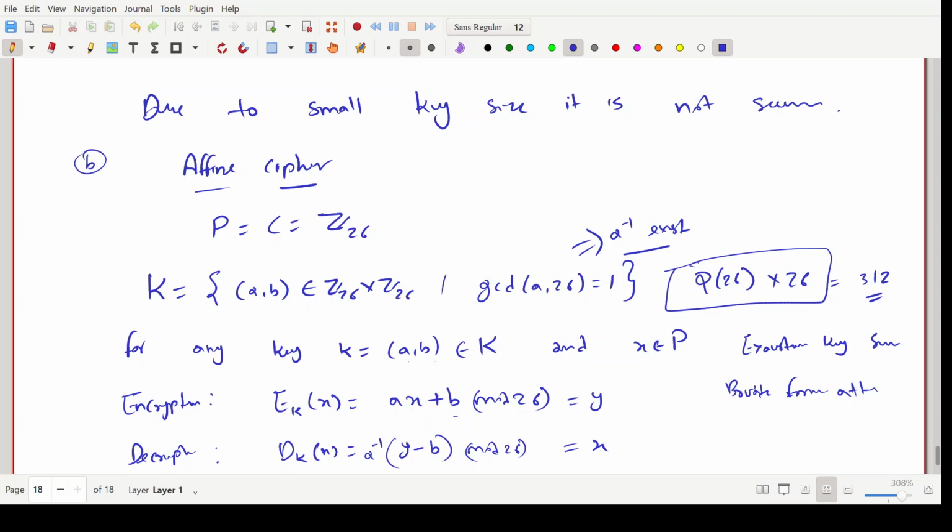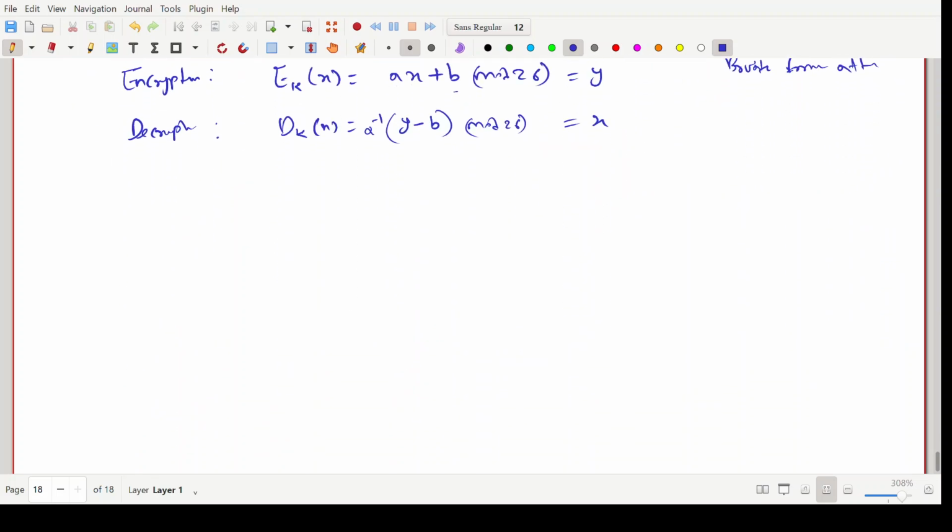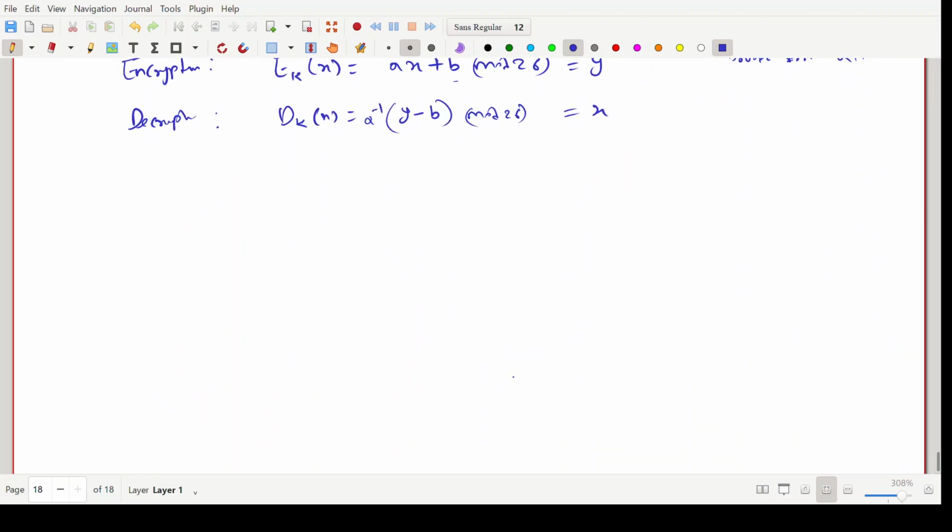Next is the substitution cipher. So what happens in substitution cipher actually?